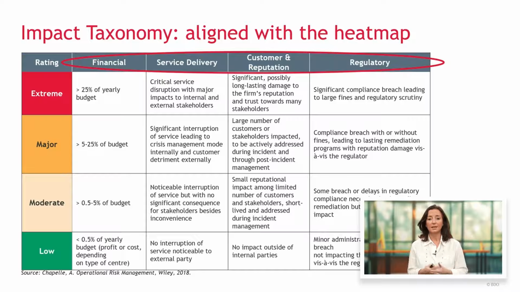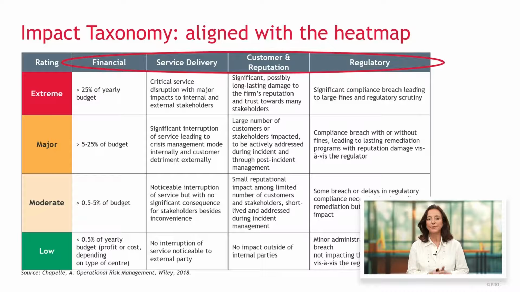If you follow our next video, you'll see this is a typical impact scale that you see on the heat map. But also the impact type that firms highlight really emphasizes the type of risks, the type of damage they don't want to suffer.